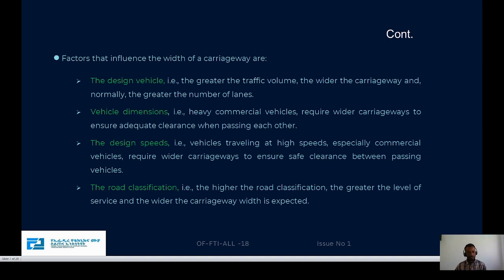Factors that influence the width of the carriageways are: the first one is the design vehicle, so with a greater traffic volume, the carriageway will be wider. When the carriageway is wider, the number of lanes will also increase. And also the vehicle's dimensions, the width of the vehicles, will be related to the carriageway widths.